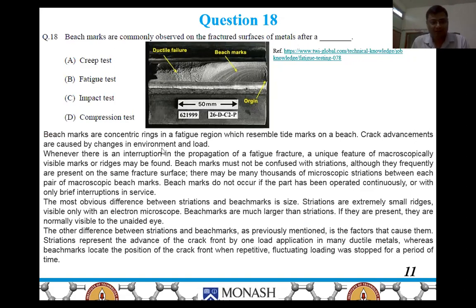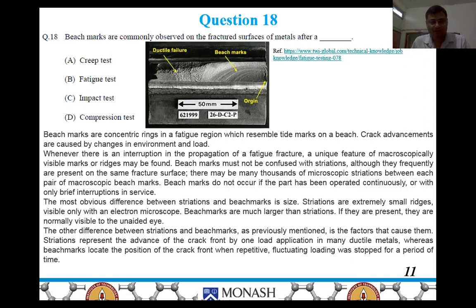Beach marks are concentric rings in a fatigue region which resemble tide marks on a beach, and crack advancements are caused by changes in environment and load. Whenever there is an interruption in propagation of a fatigue fracture, a unique feature of macroscopically visible marks or ridges may be found.